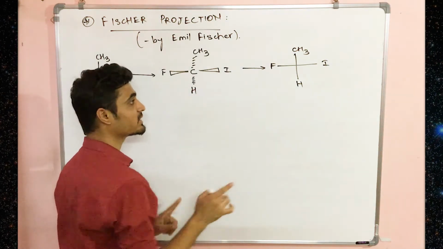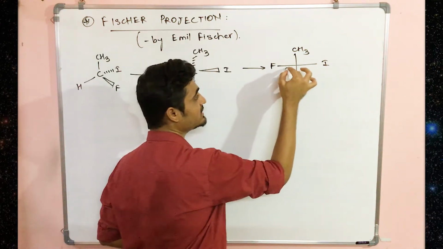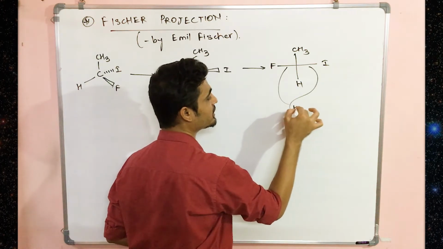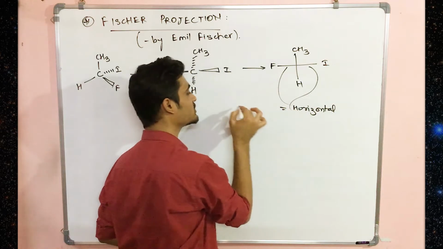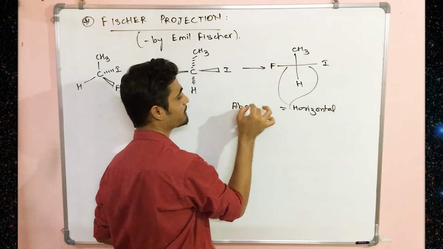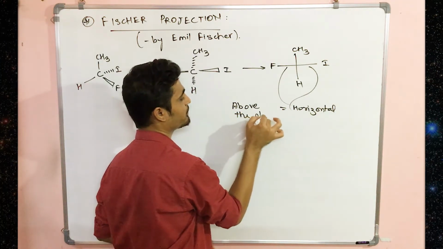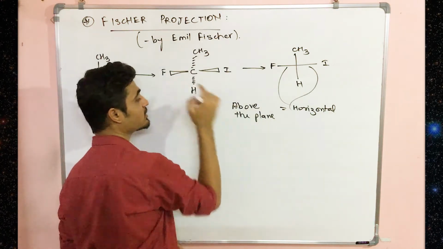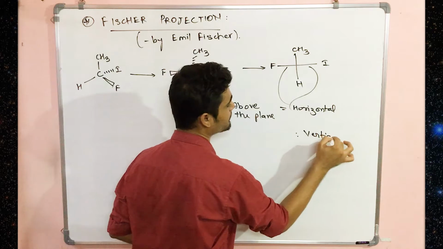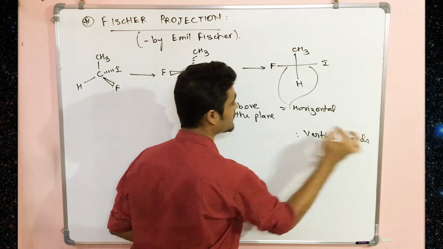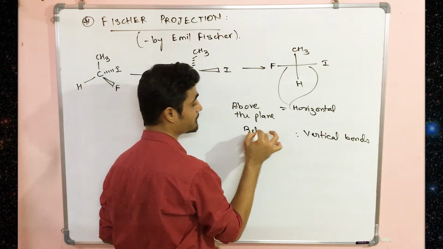Now you should remember how this was created. These two horizontal bonds are actually above the plane, right? You can see here also, and the vertical bonds are below the plane.